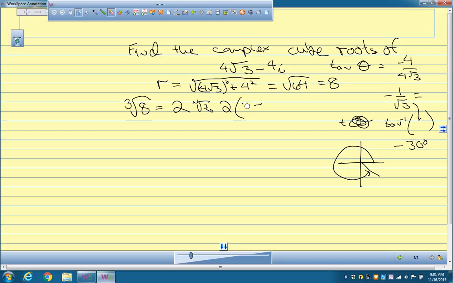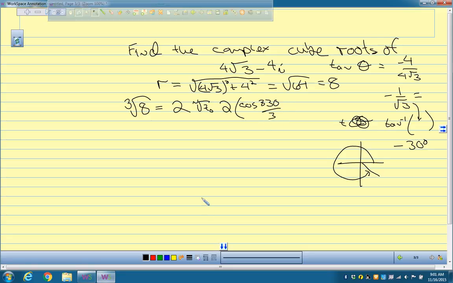So it's going to be 2 times the cosine of 330 divided by 3, since I'm finding the cube root. That's the first one, when k equals 0. The next one is plus i sine. What's 330 divided by 3? 110. Now my second root, z sub 1, is going to be 2 out in front, and I'm going to take 110 and add 1/3 of 360 degrees to it.